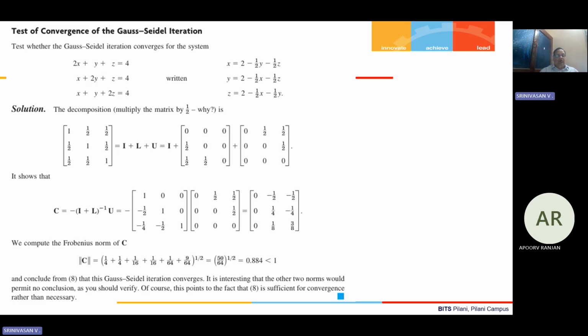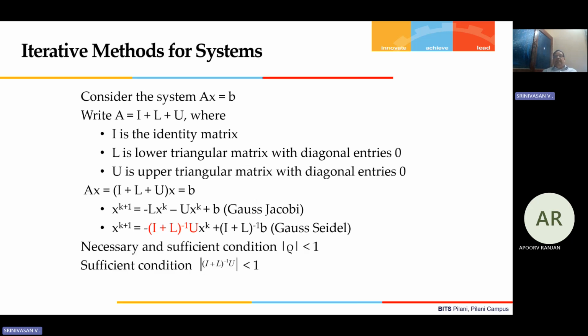Right. So for the Gauss-Seidel test of convergence, come to here. It is given norm C. What is C? Just for simplicity, minus (I plus L) inverse U, you can represent by a single letter, C. Let us take C equal to this much. So we compute the Frobenius norm of C. In the previous one, we wrote the norm of (I plus L) inverse U, or the norm of minus (I plus L) inverse U. It doesn't make any difference.